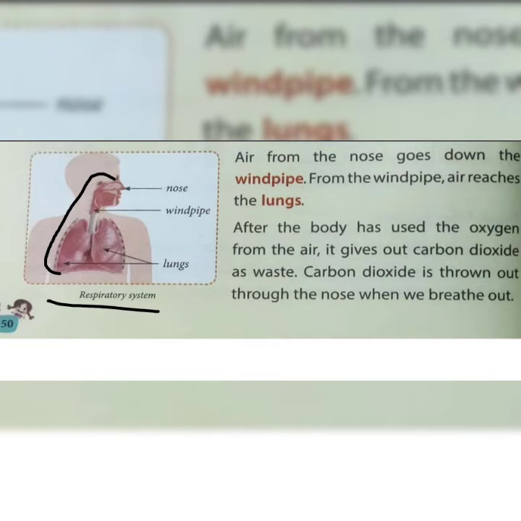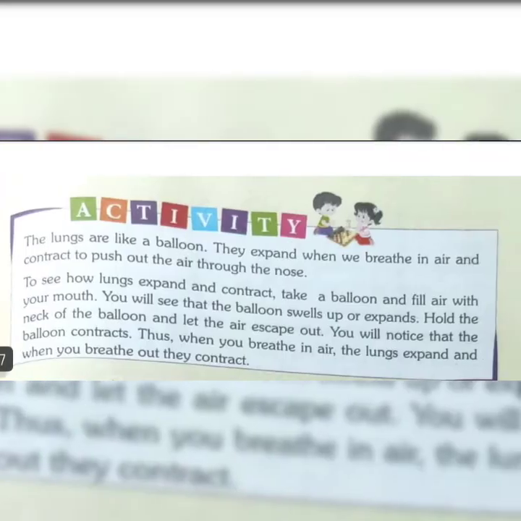Okay. The main function of the respiratory system is to deliver oxygen to the blood and remove carbon dioxide from the body. Gases are exchanged between the lungs and blood across the walls of capillaries lining tiny air sacs in the lungs. Got it? Next.